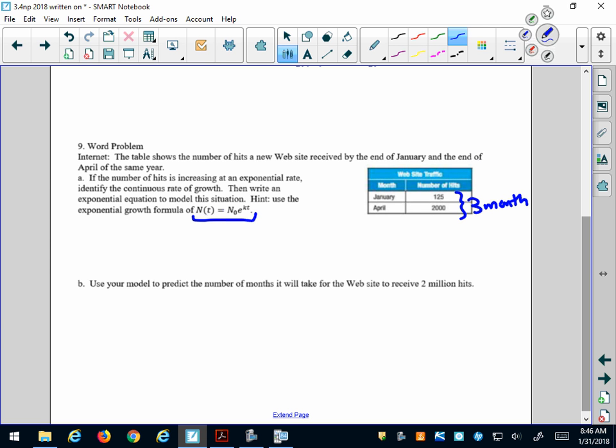Okay, so think of this as your initial amount, and this as your ending amount. And then I think you'll be able to kind of figure it out from there.